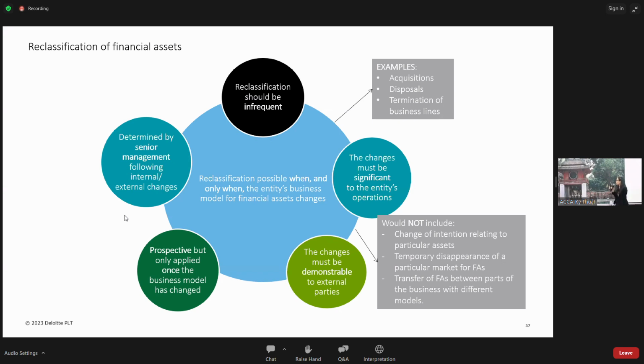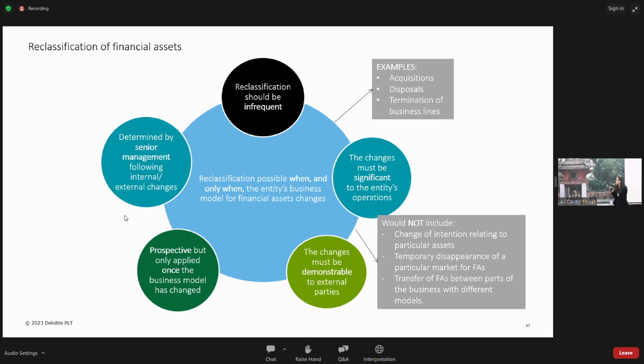Then, prospective, but only applied once the business model has changed. Okay, so changing a business model may not be something very simple, and it may take some time. So in the process of changing, it might take a while until it changes.